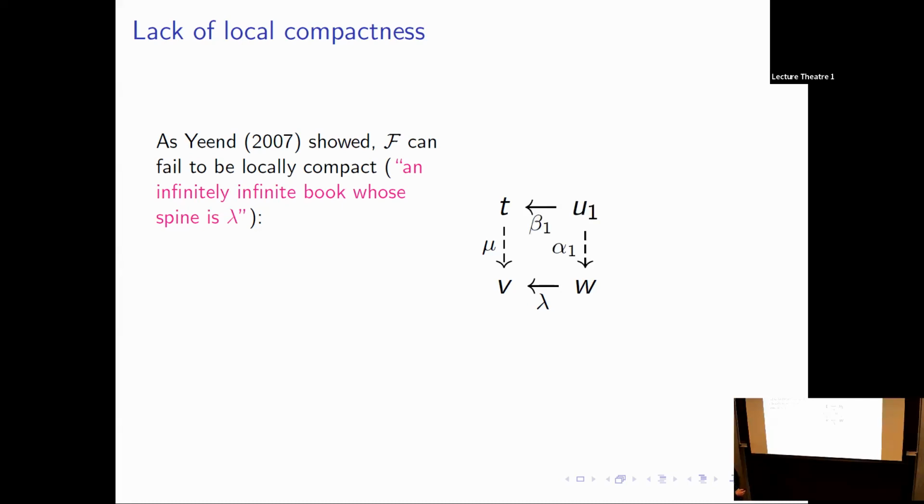Okay, so we've got a spine of a book, mu lambda, and then I'm going to put one page into the book so far. So I've got beta 1 and I've got alpha 1. And as Jack was saying, you have to be really careful about your identifications when you're trying to write down k-graphs. So the first step we have to make sure of is that we've still got a sensible k-graph obeying unique factorization.